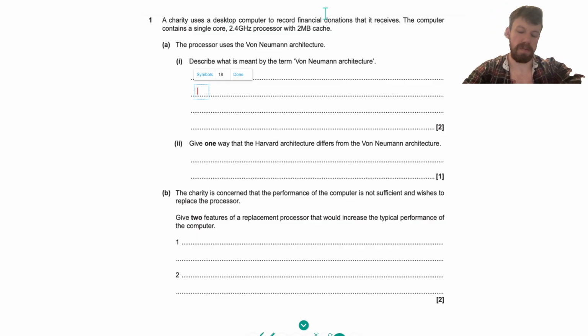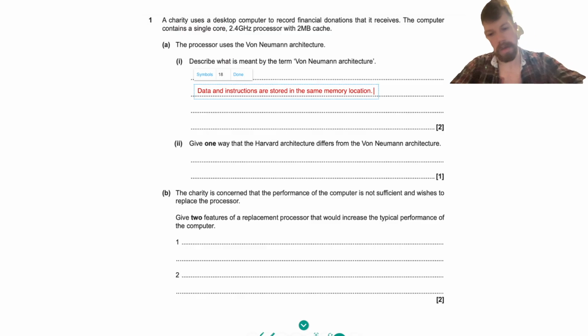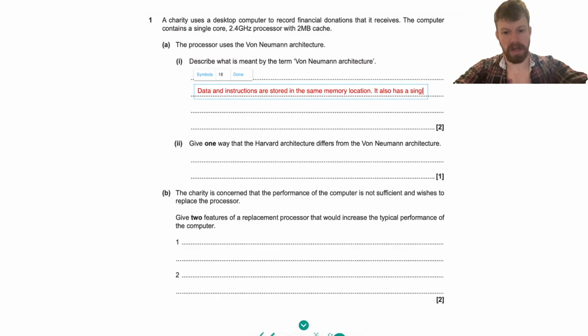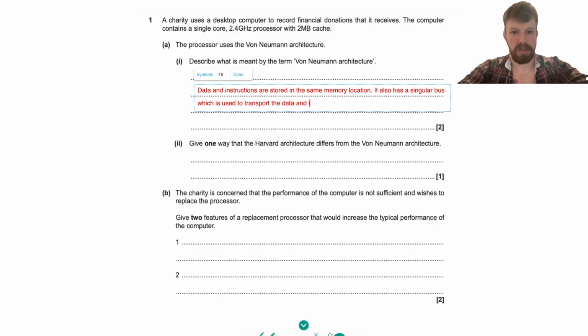So with the von Neumann, it's the idea that data and instructions are stored in the same memory location. It also has a singular bus which is used to transport the data and instructions from RAM to the CPU.